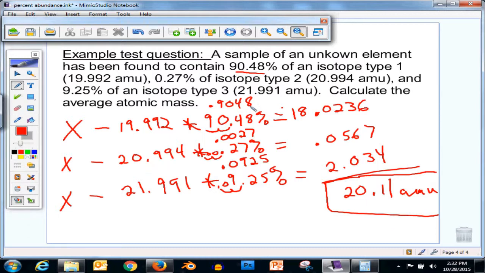If this is an accurate representation of the masses of an element on the periodic table, we should, because it should match what's on the periodic table, but we can't always rely on the mass to tell us what the element is. What do we have to know in order to make sure we know exactly what element it is? We have to know the atomic number, or the number of protons.